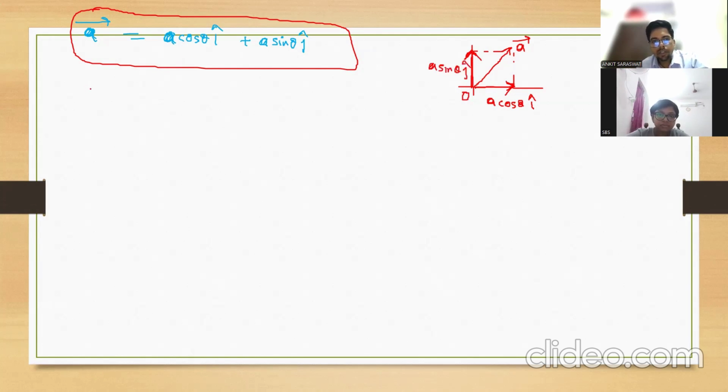If you look carefully, in many of the books they have written A vector is equal to AX I cap plus AY J cap. And they have mentioned AX is the horizontal component of the given vector.